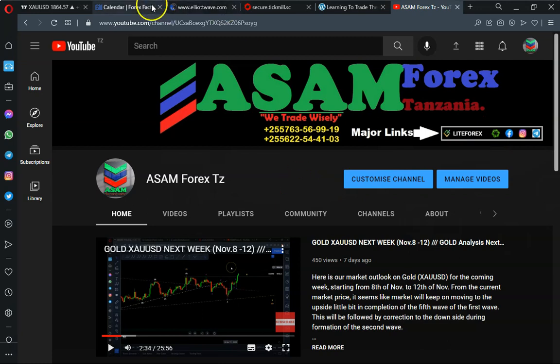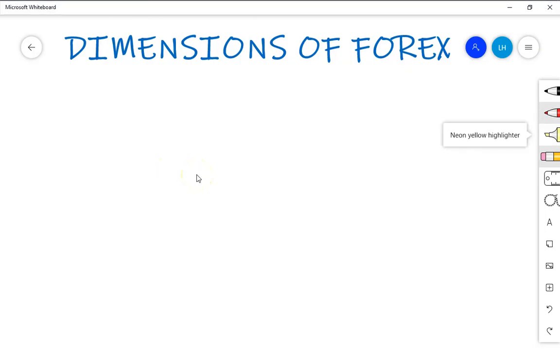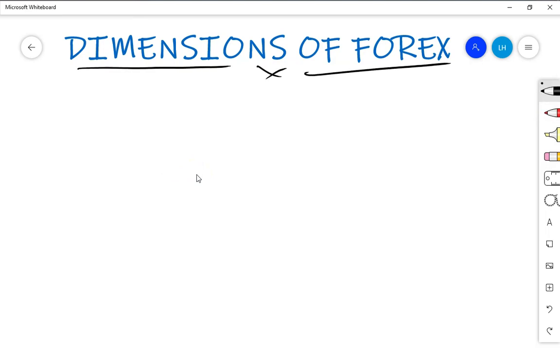So today I'm going to share a very basic concept known as the dimensions of forex. Our concept today is all about dimensions of forex. So what are the dimensions of forex, and what are the basic things that we are going to cover? Mainly, when we are talking about dimensions, we are talking about aspects.